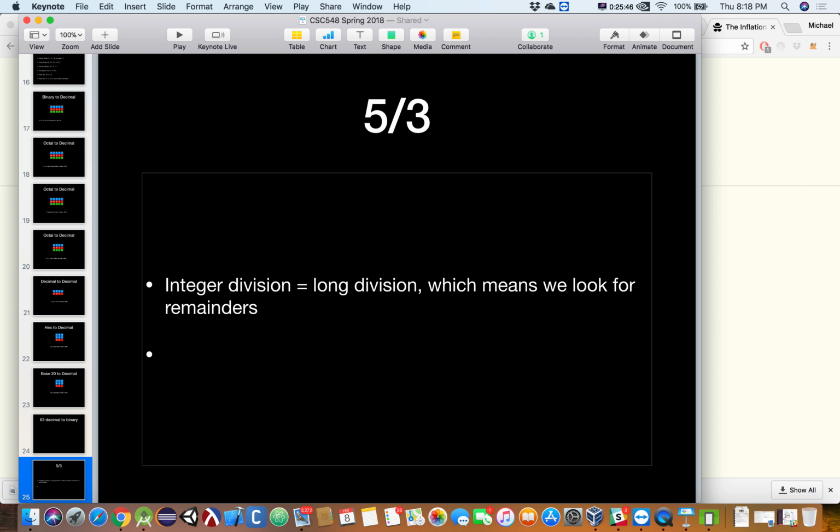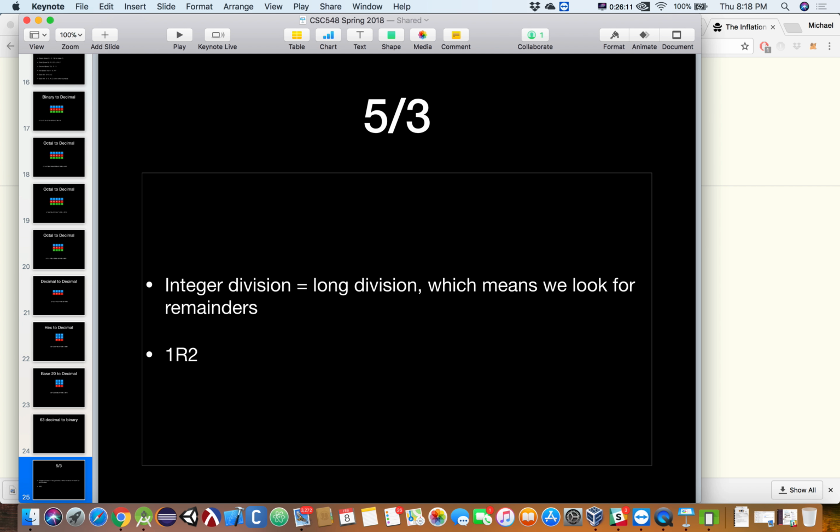So how many times does 3 go into 5? 1 time. So we know 5 divided by 3 is 1 point something. But with integer division or long division, this is 1 remainder 2. 3 goes into 5 1 time. 3 times 1 is 3. It takes 2 more to get to the 5. That's a remainder of 2.